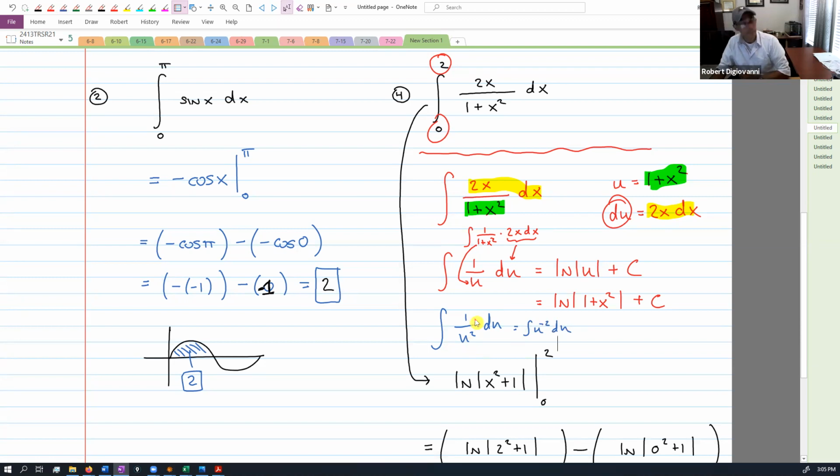So you'd bring that up as a negative power, and then you use your power rule, which would say it would be u to the negative 1 because we're adding 1 to that power. And then we have to do the reciprocal out here of negative 1, which is 1 over negative 1 or negative 1 over 1, however you want to look at it. And then that would be negative u to the negative 1 plus c, which is the same as negative 1 over u plus c. You see the difference between those two?